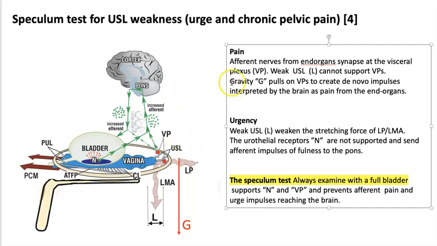So when you put the speculum in for the pain, it supports these reflexes and stops the afferent impulses, which are interpreted as pain, and it supports the urothelial stretch receptors, which give afferent impulses, which are interpreted as urgency. You can read about it here.